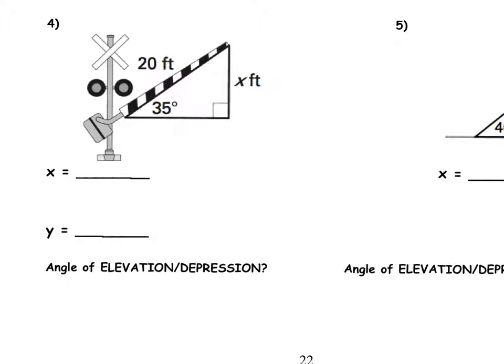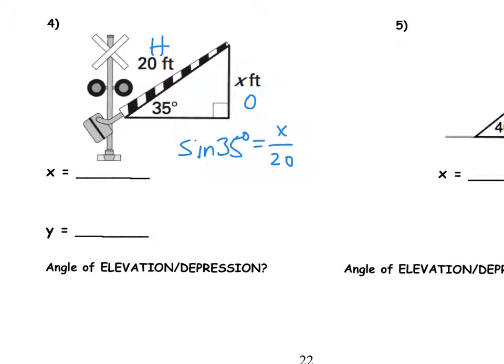What am I going to label the x as? Opposite, adjacent, or hypotenuse? Opposite. I'm going to label the 20 H for hypotenuse. What trig function am I going to use? Sine. So sine of 35 degrees is equal to x, the opposite, over the hypotenuse 20.